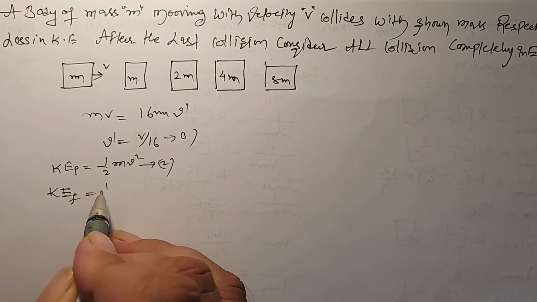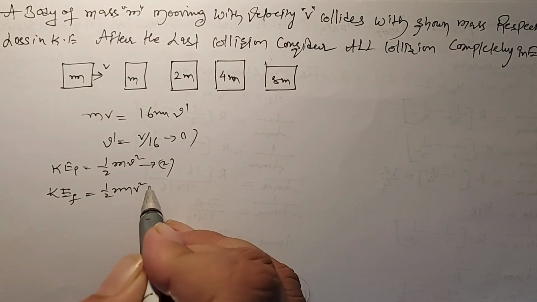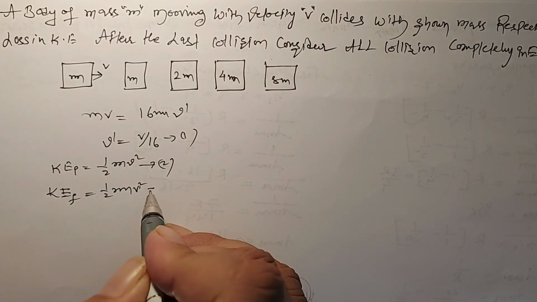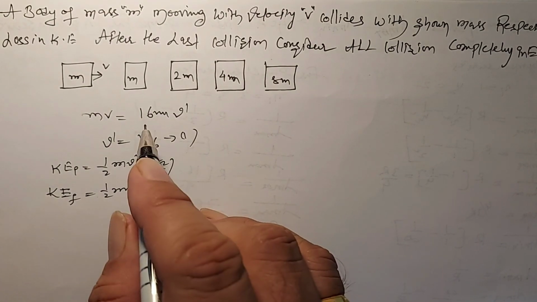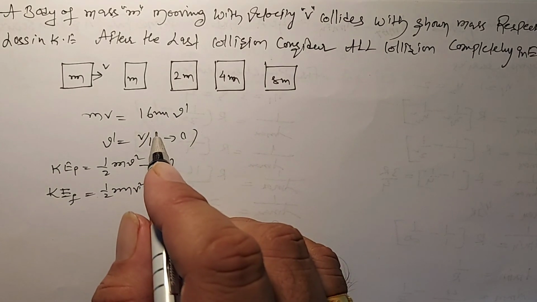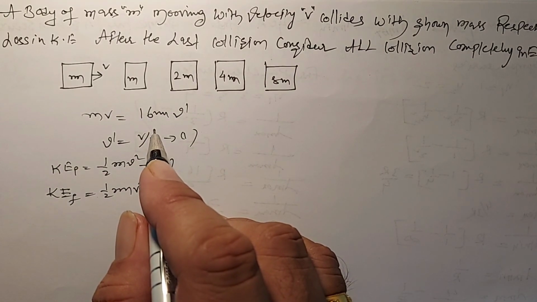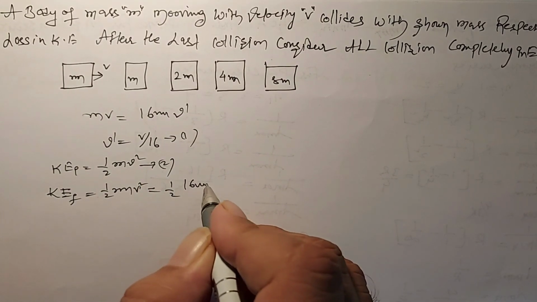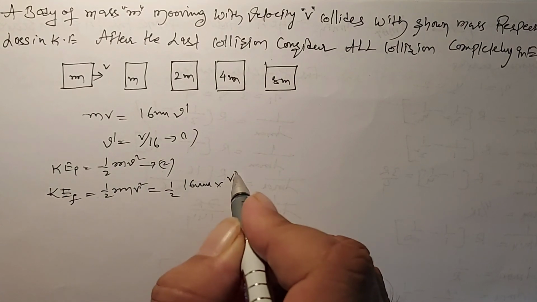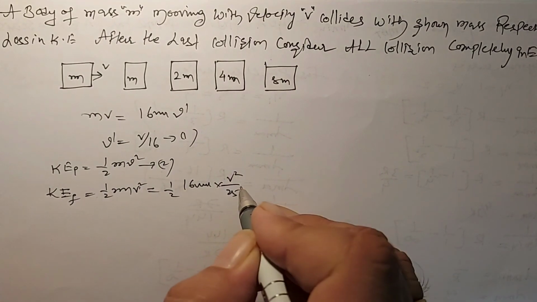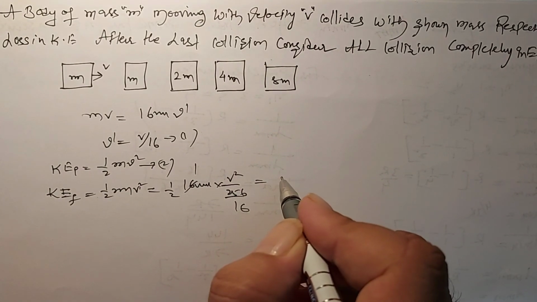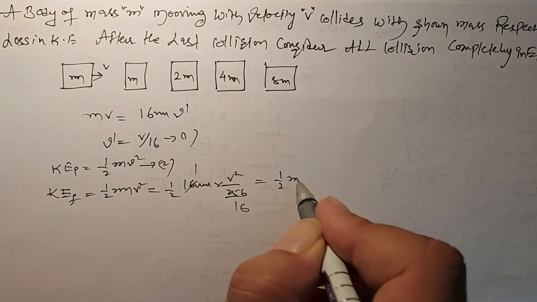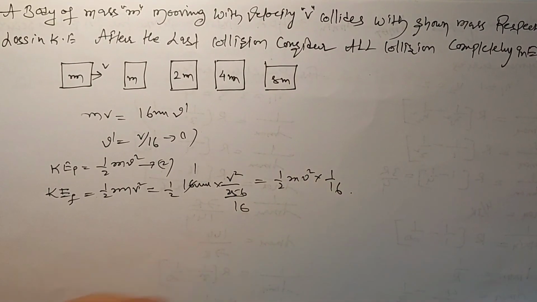KE final is equal to half of 16m into v dash square, where v dash is v by 16, so v square by 256. That is equal to half m v square into 1 by 16.